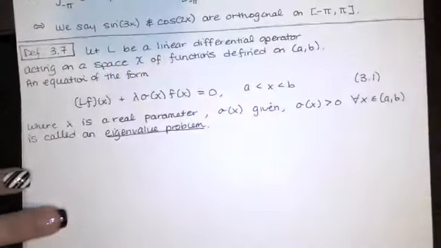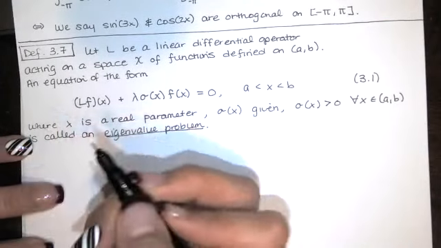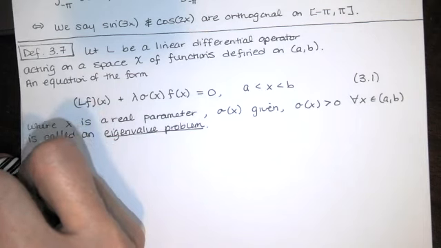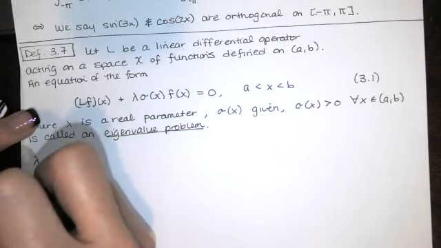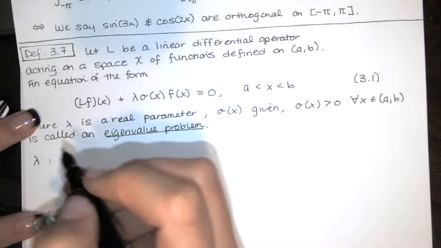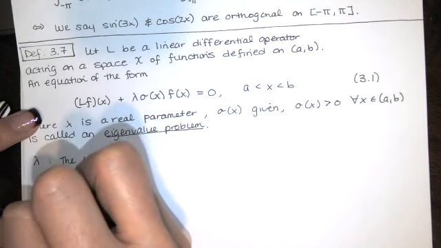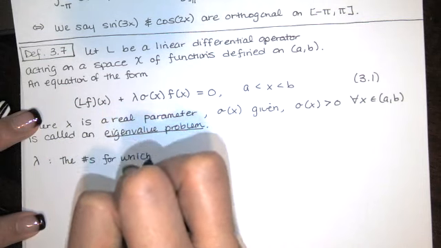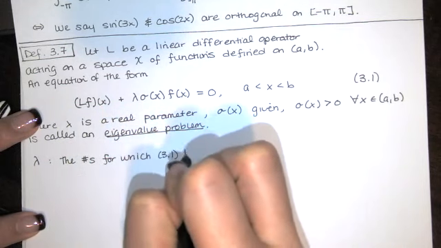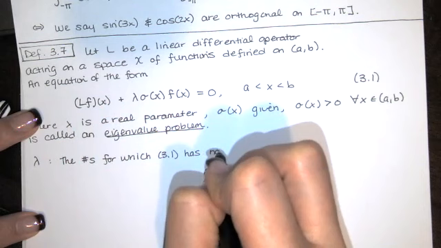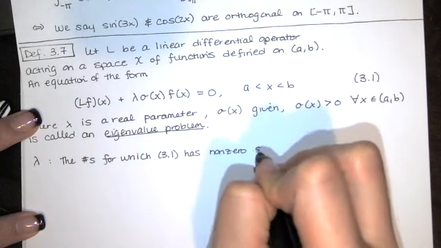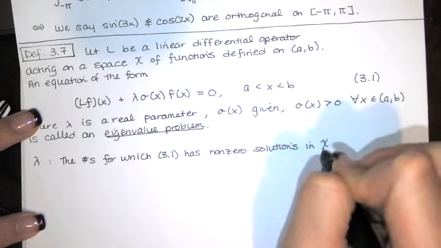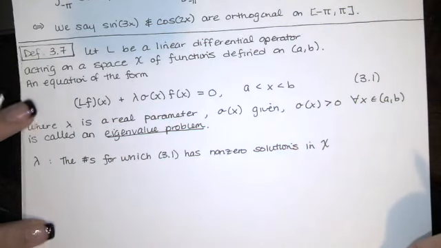So let me write that down. The lambdas are the numbers for which the differential equation has non-zero solutions in that space of functions chi that we're interested in.